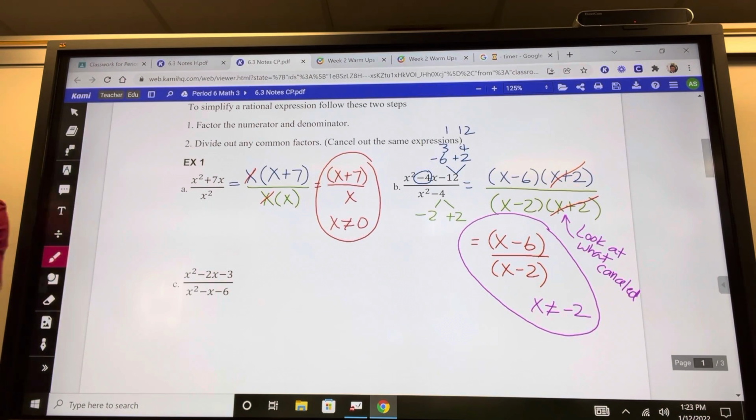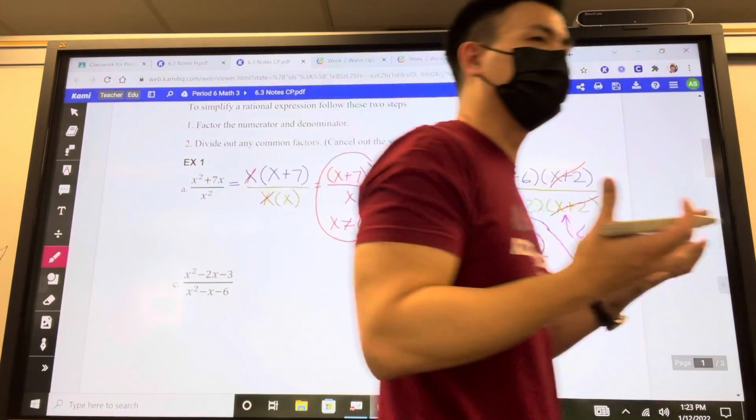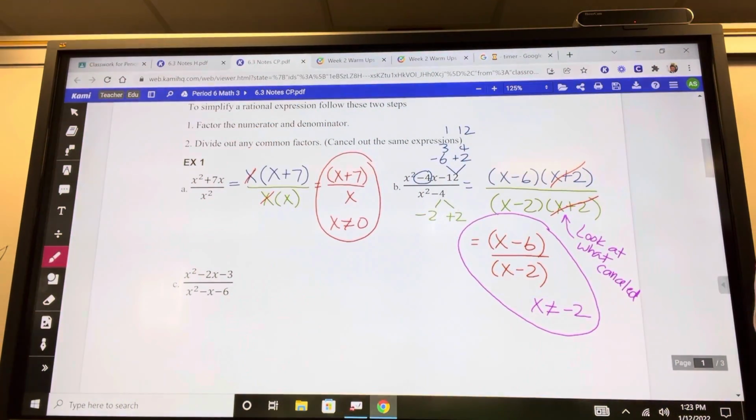So I know there's a lot of information all at once, but see if you guys can figure out part C. Factor the top, factor the bottom. See if anything cancels out here.